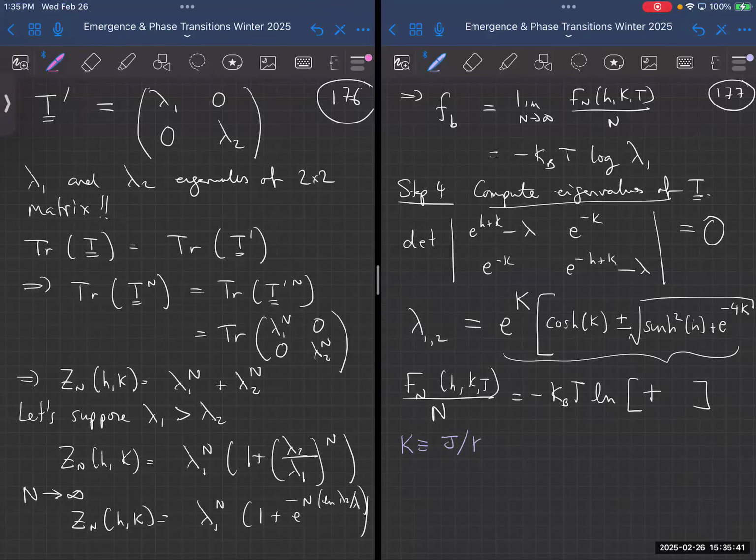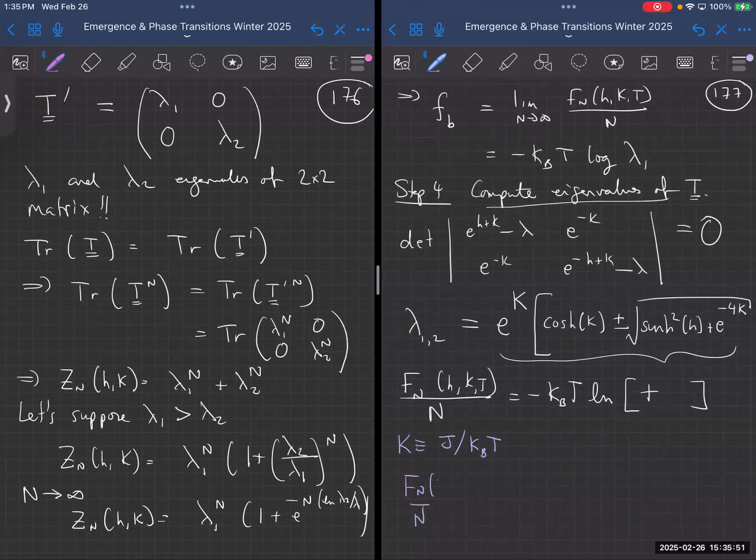was originally J over k_B T, so I can then read off that F_n over n is equal to minus J minus k_B T times the logarithm of cosh h plus that square root, which I'm not going to write out, like so.